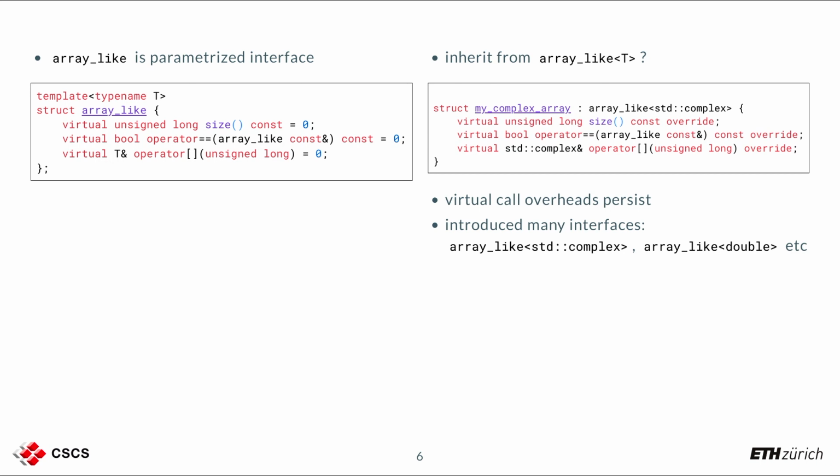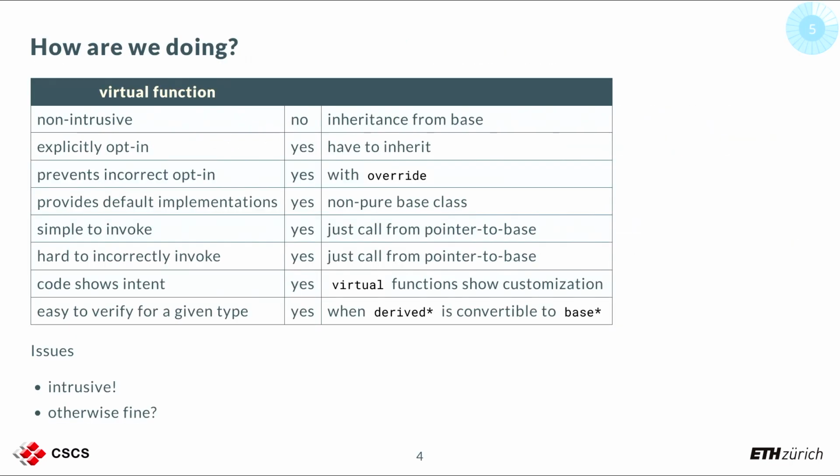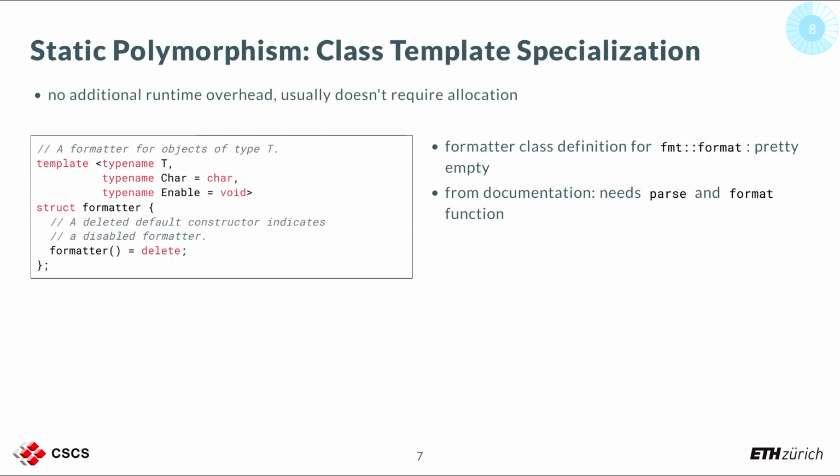And there must be a better way to do it, especially for generic programming purposes. And there is, and you have seen it before. It's not runtime polymorphism, what we were looking at before, right? Dynamic or runtime polymorphism, but static polymorphism. One way to do it is through class template specialization.